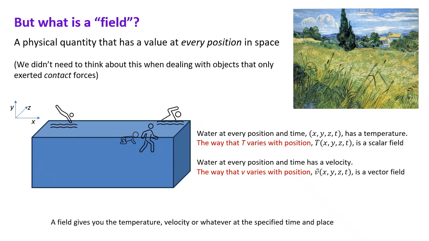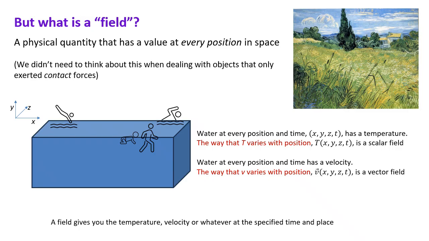So what actually is an electric field? Is it like a field of wheat? Well, sort of. You can see the field of wheat in that painting on the right-hand side by Van Gogh. He's demonstrating that everywhere in that field there is a displacement due to the wind velocity.